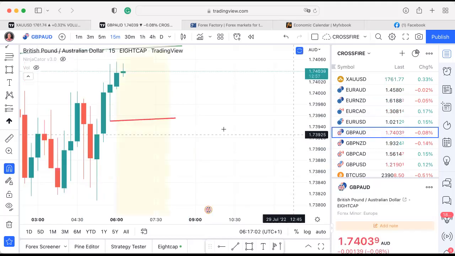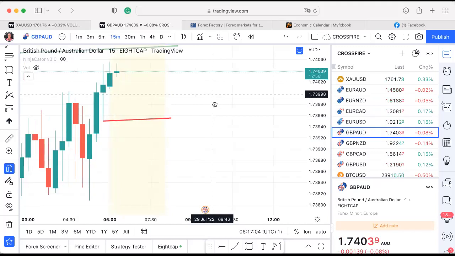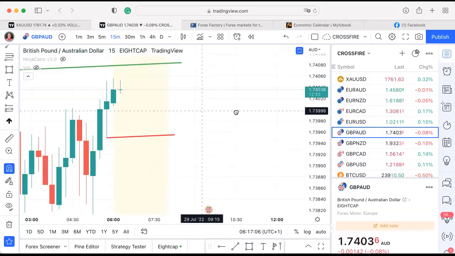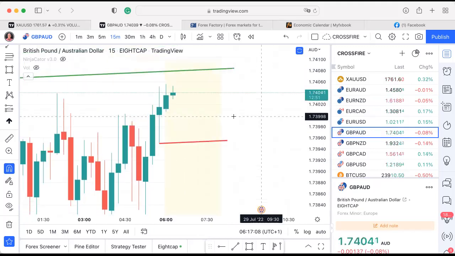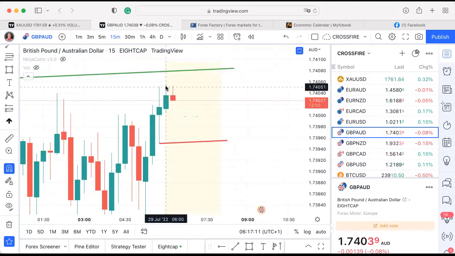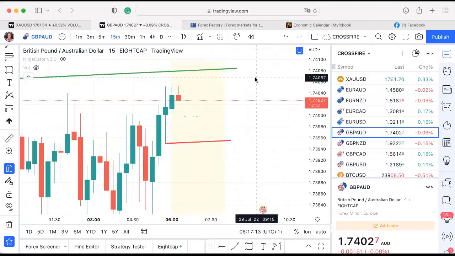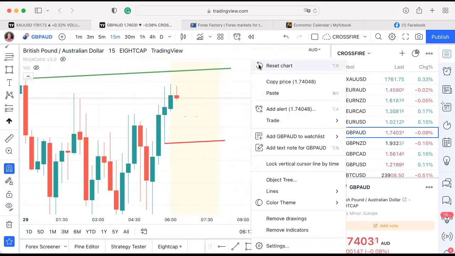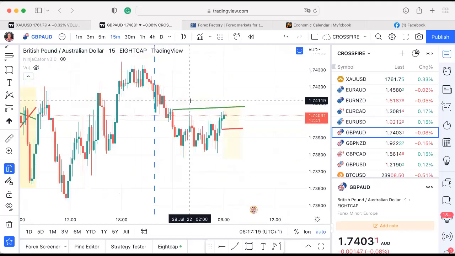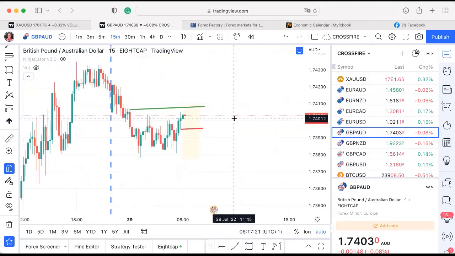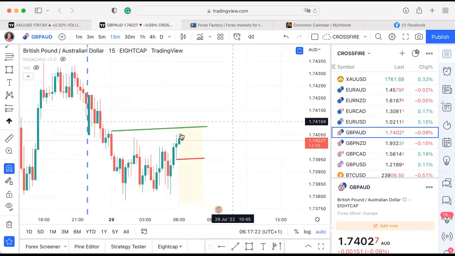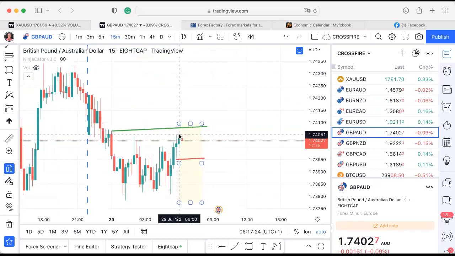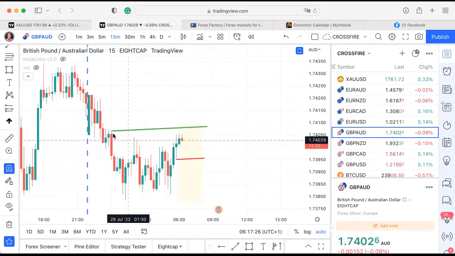GBP AUD. Need to bring that down. So that's a 6 o'clock candle, look to the left. I don't know why that's better. So looking from the top of that 6 o'clock candle, look to the left, and we were right.